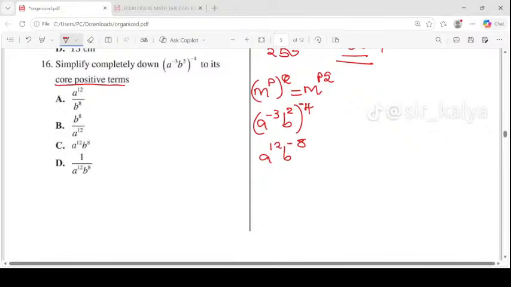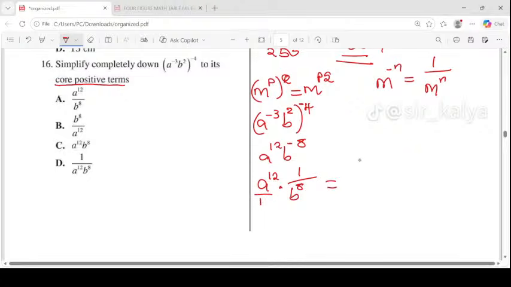We have another law that says m raised to the power negative n is just like saying 1 over m to the power of n. So this is just like saying a to the power 12 being multiplied by b to the power negative 8, which is 1 over b to the power of 8. This one even I can put it over 1.